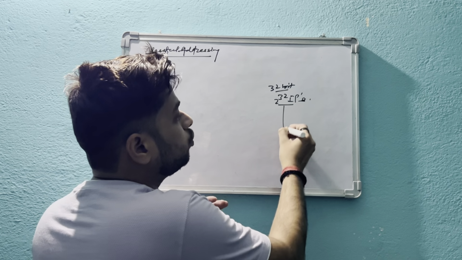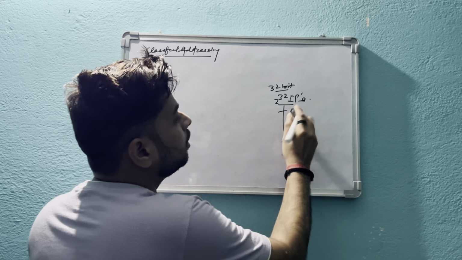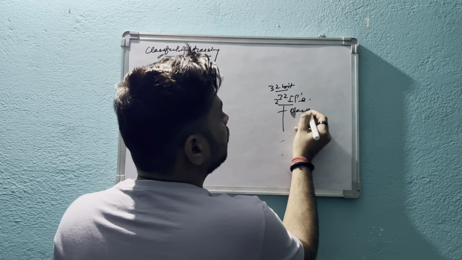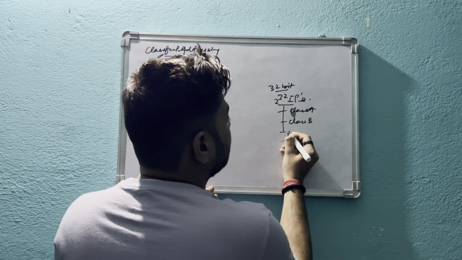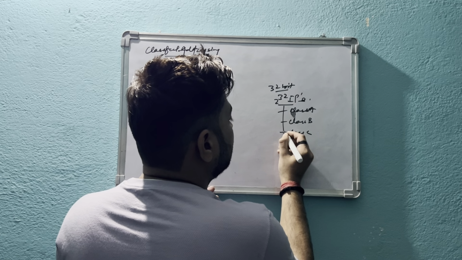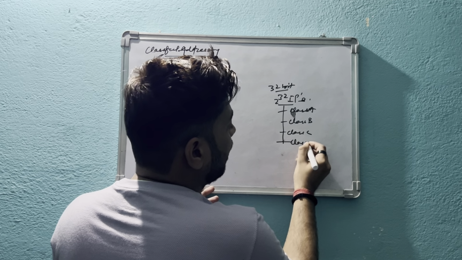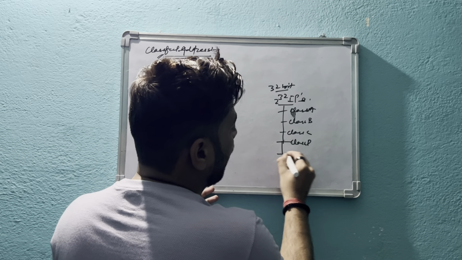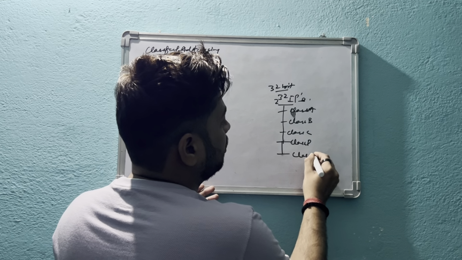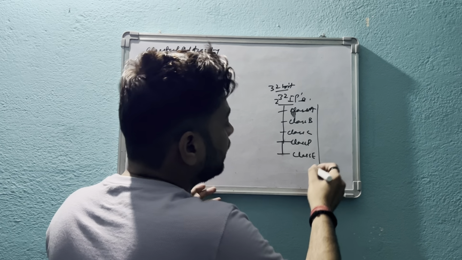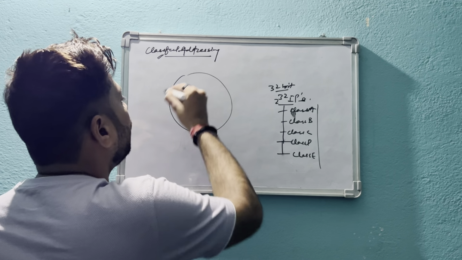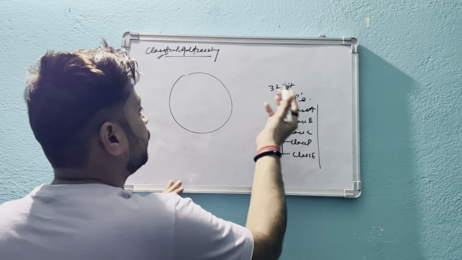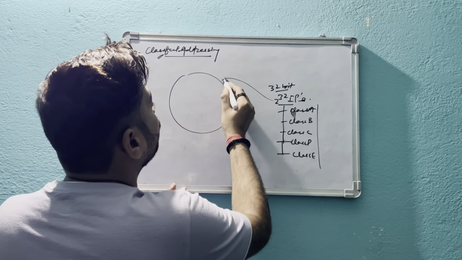Those classes are class A, class B, class C, similarly class D, and also we have class E. To represent it in a pie format, we can say we have the whole 100% as the IP space, which represents 2 to the power 32 IPs.